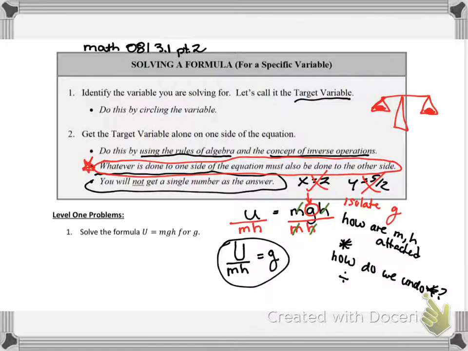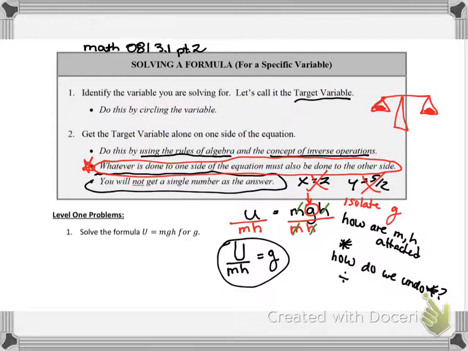So we have u divided by mh equals g, okay? And that's it, okay? So that's what they meant right here when they said you will not get a single number as the answer, right? Clearly we have a collection of variables that are attached through different arithmetic operations, in this case, multiplication and division, and that is our answer.